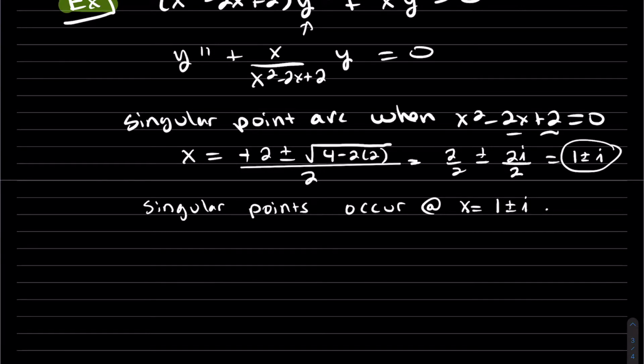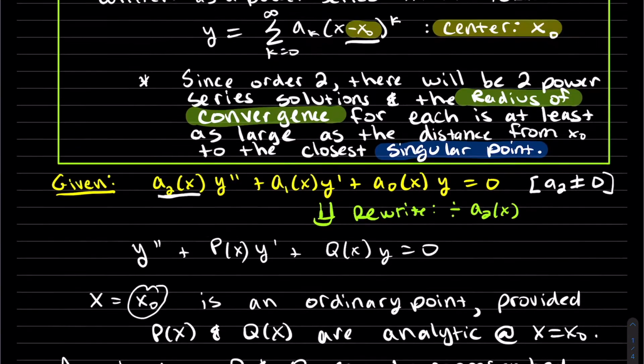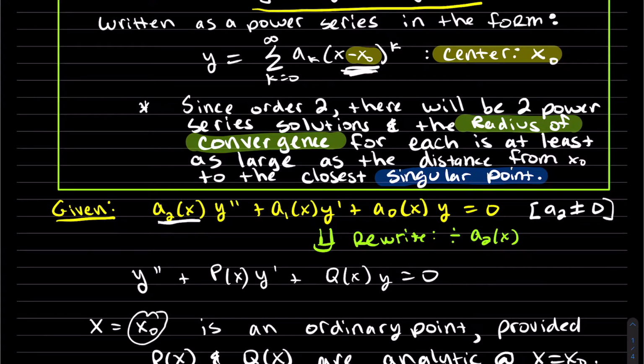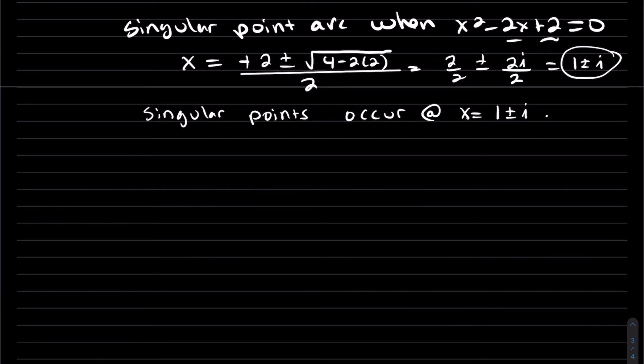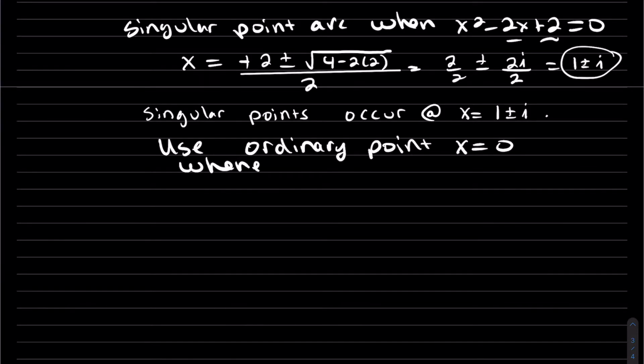I would say the easiest center to build is when x naught is 0. And since 0 is not a singular point, that's what we're going to use. I'm going to say use it whenever possible. And when is it possible? It's possible when that point is ordinary, not singular.